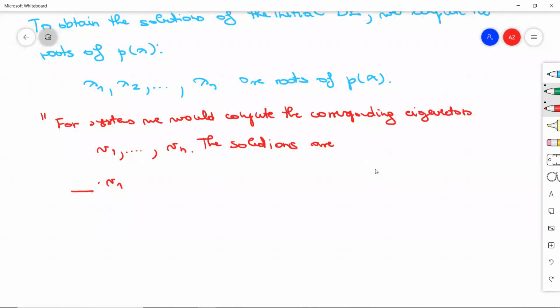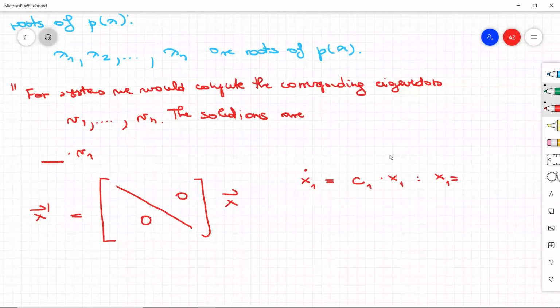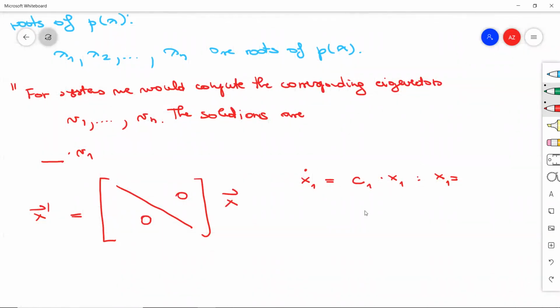It's easy to guess if you have a diagonal A. If the matrix A were diagonal, we could have x1 derivative equal to some constant c times x1. So what would be x1? What is the solution to this first order DE?